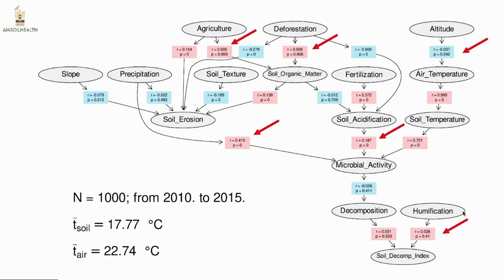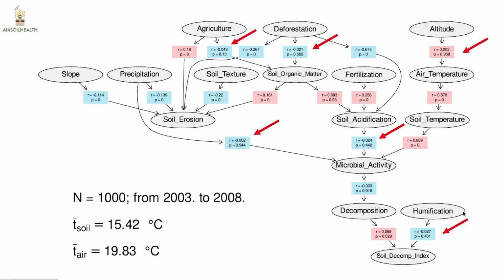And in the next period, from 2010 to 2015, these variables changed. In the next period, the probabilistic relationships between variables stay unchanged. And what is the difference between these two periods? The difference is the average temperature.